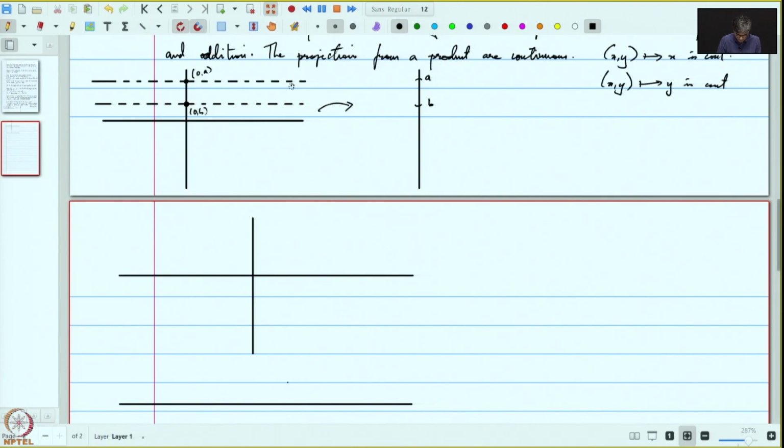So here the inverse image of A comma B will be this open strip.